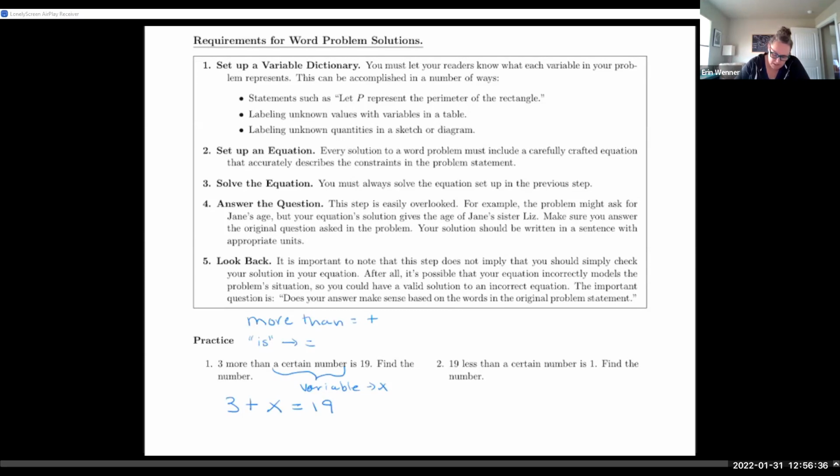So we know that a certain number is equal to X. We set up the equation, and when it says the constraints of the problem, the constraints were it had to be 3 more than, so that's the addition, and then it has to equal 19, okay? So go ahead and solve for X and let me know what you get.